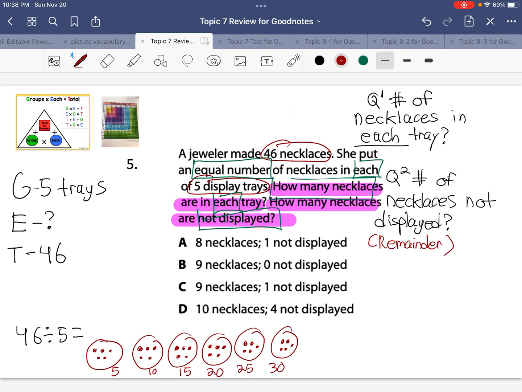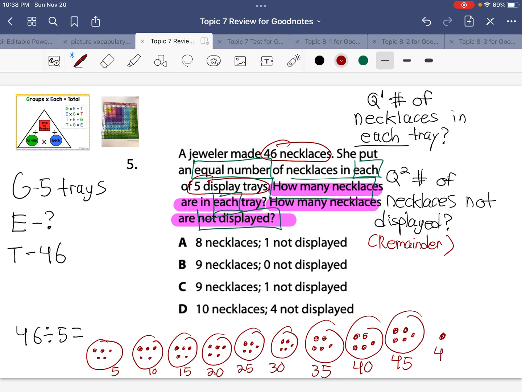Okay, almost there. 31, 32, 33, 34, 35, 36, 37, 38, 39, 40, 41, 42, 43, 44, 45, and 46. Okay, I'm stopping here because I finally got to 46.